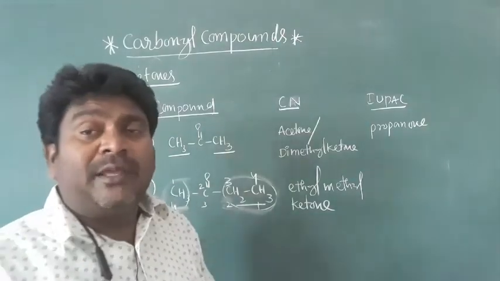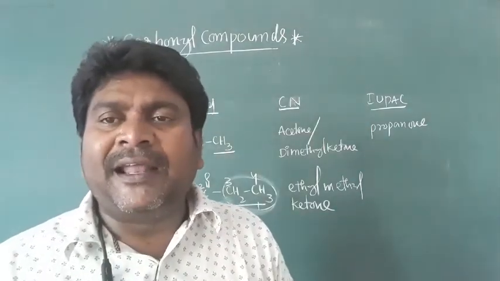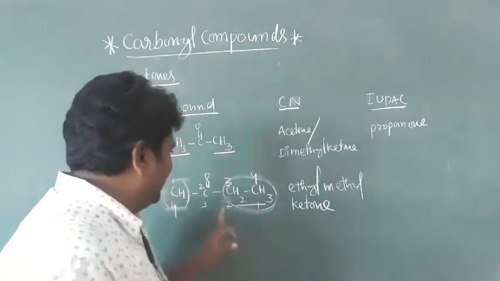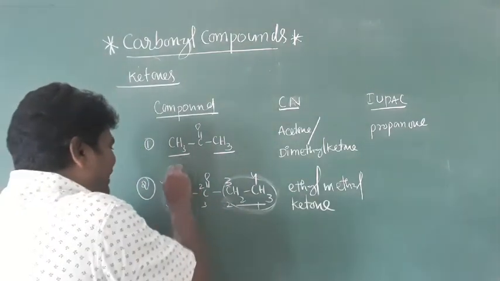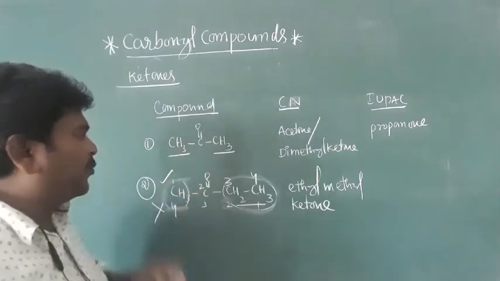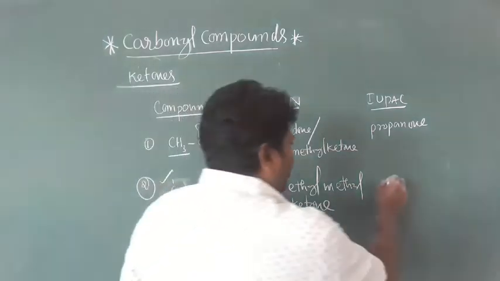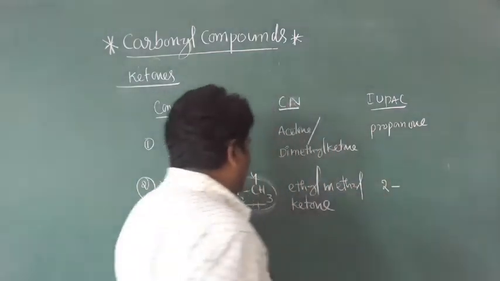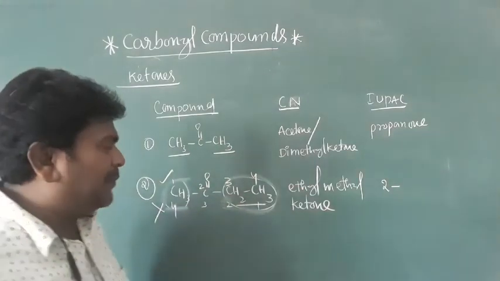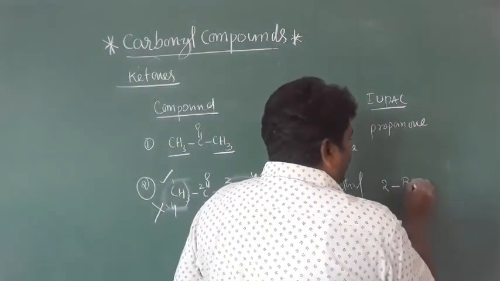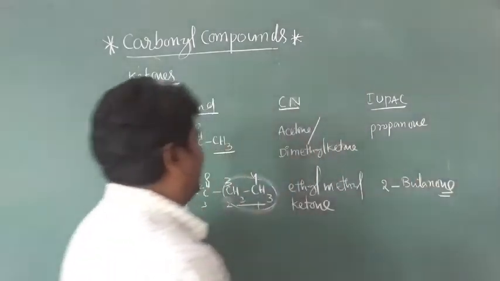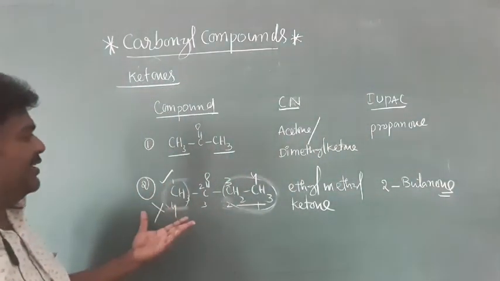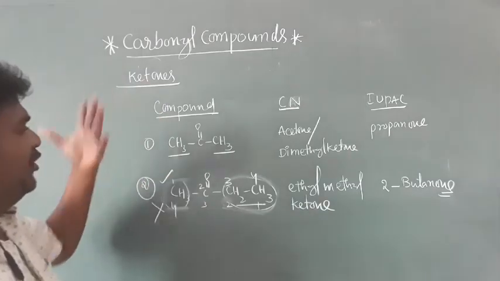According to IUPAC rules, higher priority is given to the lower number, so this is correct and this is wrong. Second position, so the numbering you mention is 2. How many carbons here? 4 carbons. That is butanone. So this is the second compound of ketones.